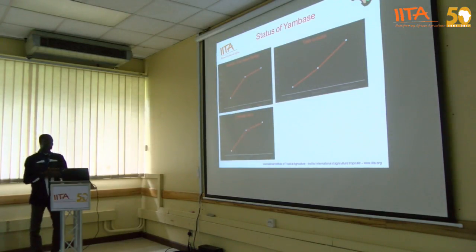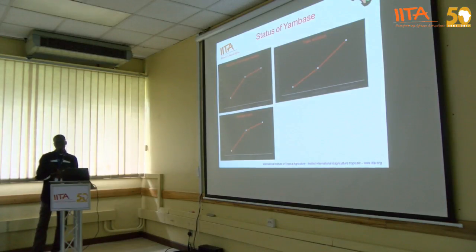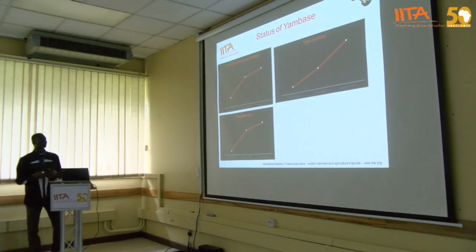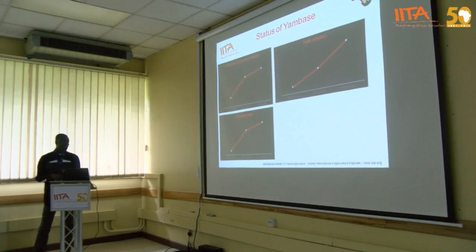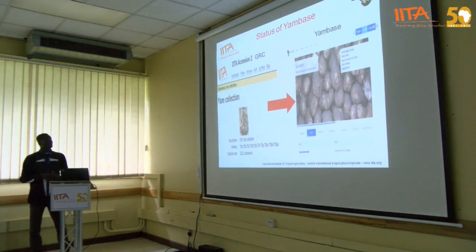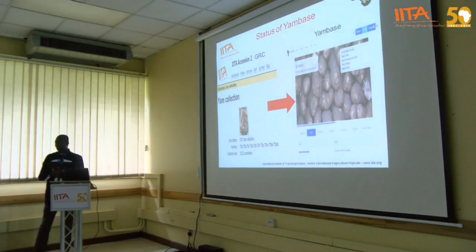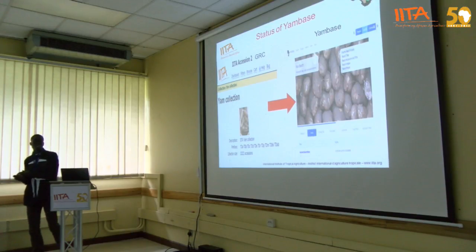The YAMBASE users are also really increasing. That means we are making an impact on the people involved in the YAMBASE and also on the yam practice community. We are also working in collaboration with the Genetic Resources Center to see how we can accommodate their accessions.